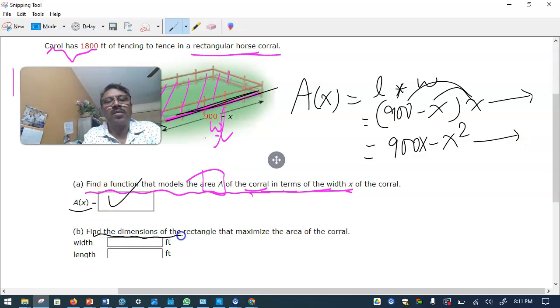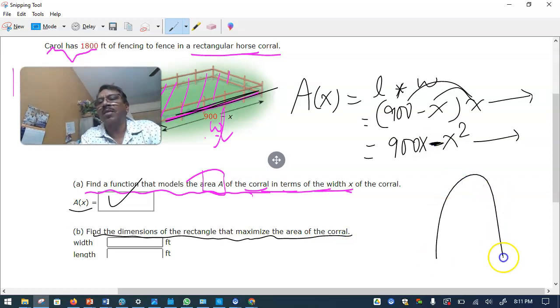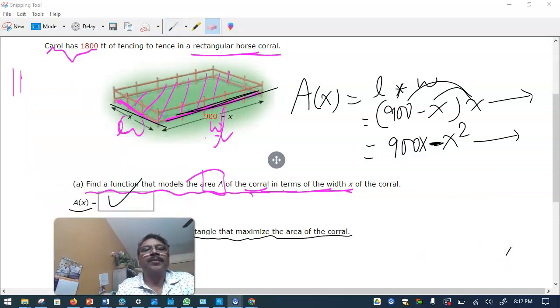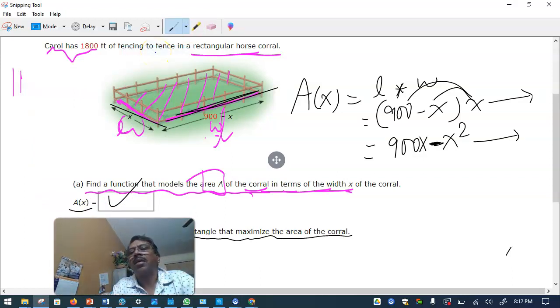Then the question is, what are the dimensions of the rectangle that maximizes the area? There is a minus, which means it is a parabola that opens downward, so there is a maximum there, right? To find that, let me write it in standard form: minus x squared plus 900x plus 0.